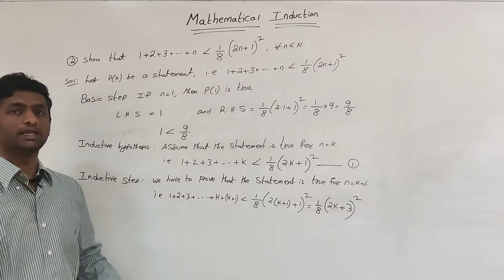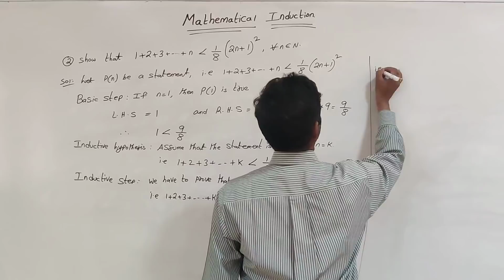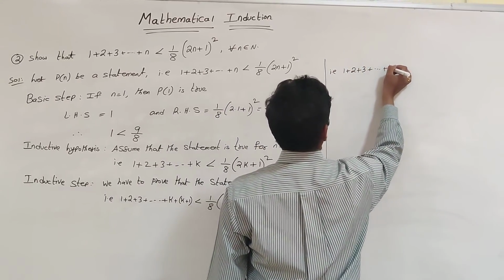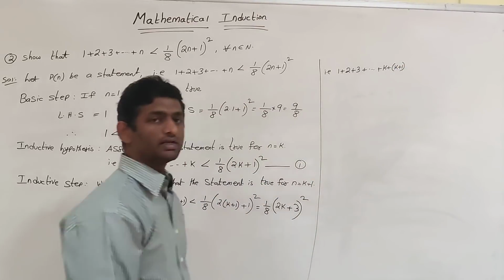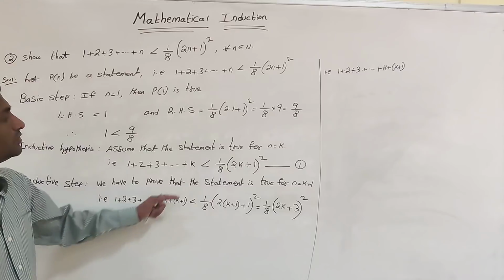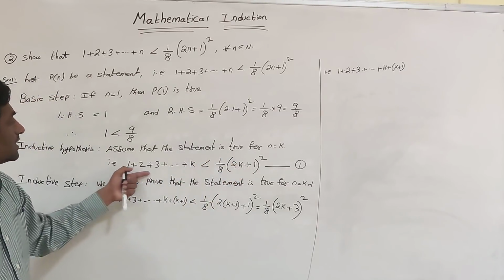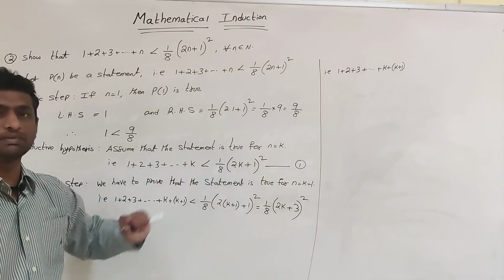Now let us take the LHS. That is 1 plus 2 plus 3 plus so on plus k plus 1. Let us take this value. But by using the inductive hypothesis, the sum of the first k natural numbers is always less than 1 by 8 times of (2k plus 1) whole square.